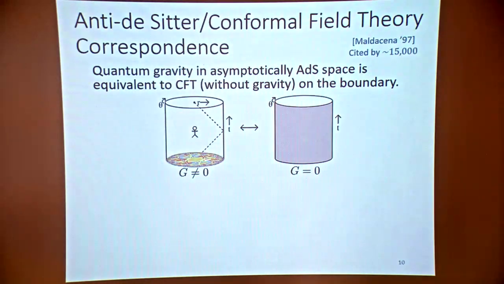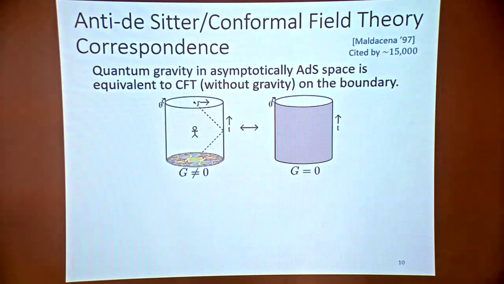Quantum gravity in this space is actually equivalent to another theory, which is a normal quantum field theory that doesn't have any gravitational physics, and it lives on the asymptotic boundary of this space-time. So it's on the cylinder, and it has a special symmetry, the so-called conformal symmetry, which essentially says physics at a larger scale is indistinguishable from physics at a smaller scale.